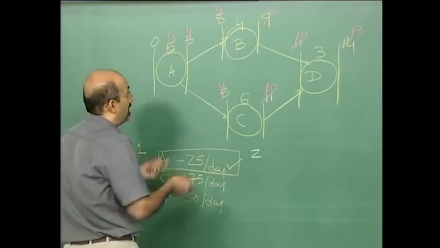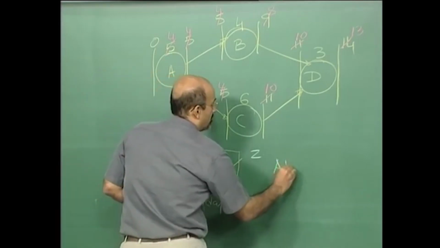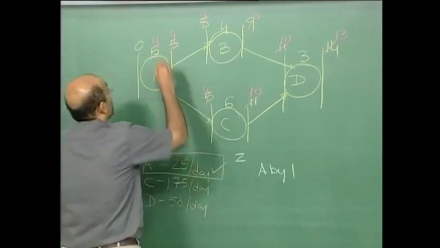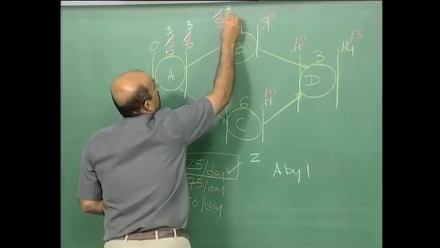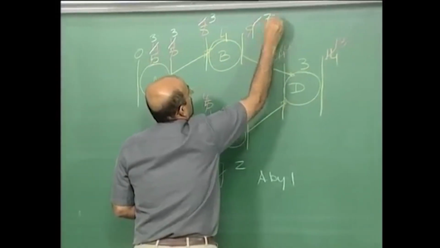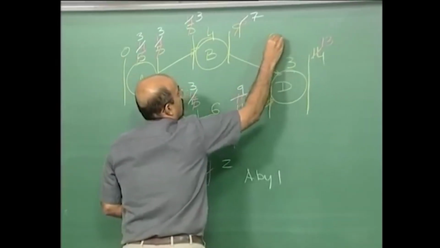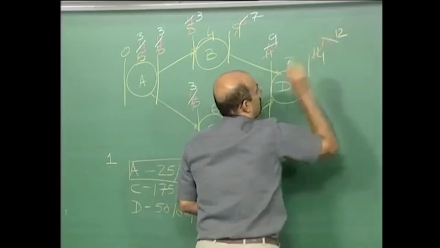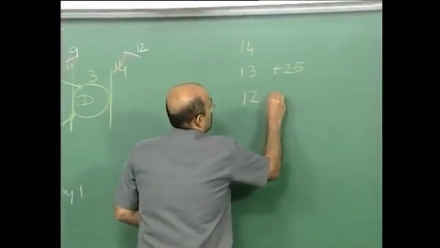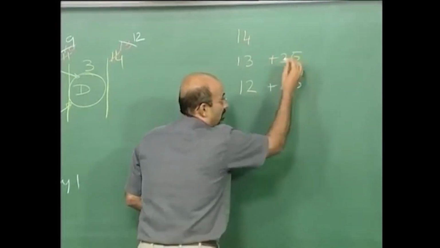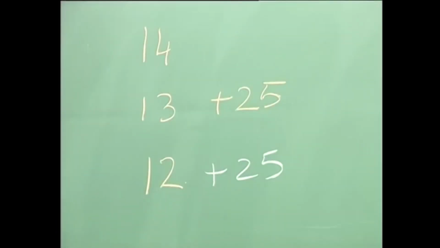A can go up to 3, and in my second step I again use A by 1. It costs plus 25, so cumulative is 50; moving from this step to this step it is 25.